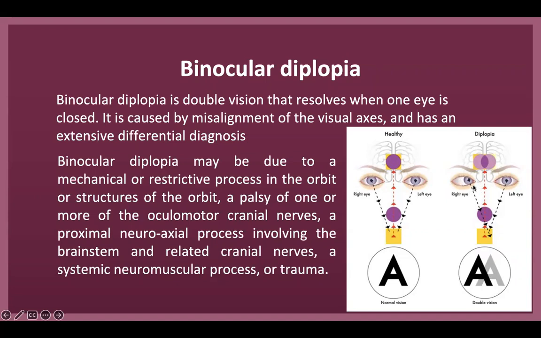So the problem is not inside the globe, it is outside the globe. If you close one eye, the diplopia will be improved and the vision will be improved also. Okay, binocular diplopia can be related to any of the etiologies we said a while ago, and it is the commonest presentation in ER.